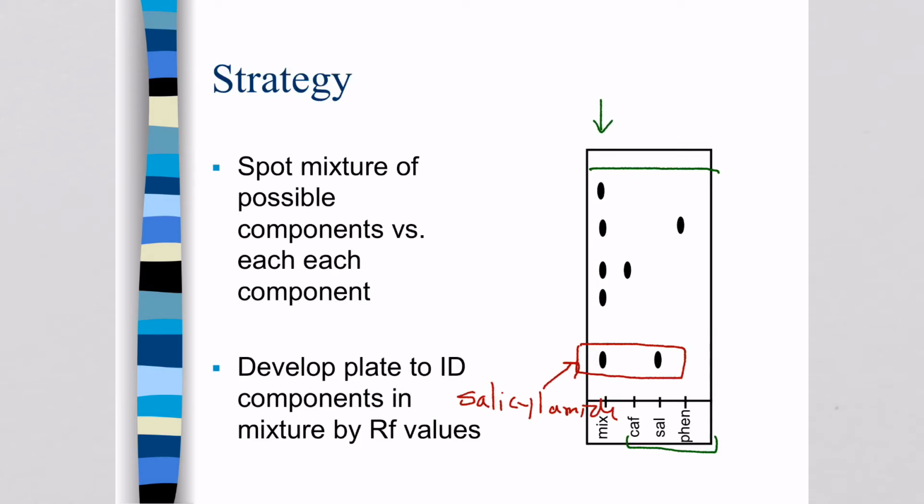I can also see that there is another spot in the mixture that lines up with caffeine, so that tells me that this spot must be caffeine. Finally, there is one more spot in the mixture that lines up with a spot of a pure substance on the plate, and that is this spot, and I can tell that this spot must be phenacetin.